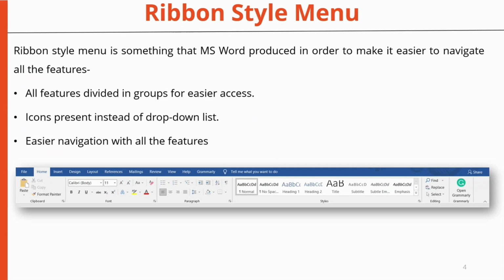Secondly, icons are present. There are different icons available for the different features and the different functions. And the most important thing is that instead of a drop down list, it is already there in the ribbon menus. Yes. So think about it: when you're scrolling through and you have a number of functions available to you, you might just miss out on the one that you are looking for, or on something that might make your document much better.